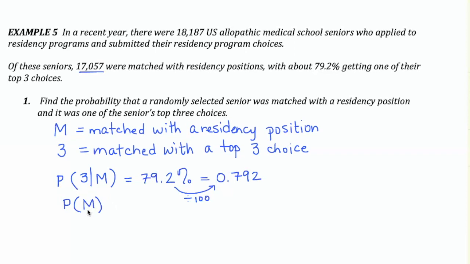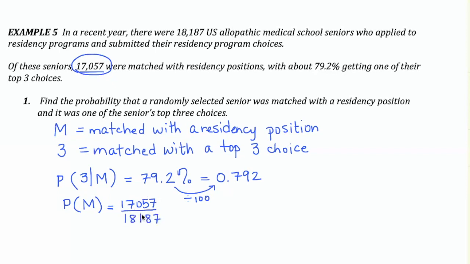What's the probability of them getting a match in the first place? Well, here's where you've got to think about it. The probability of getting a match, how many people did it happen for? It happened for 17,057 of how many total seniors? Well, that was 18,187.